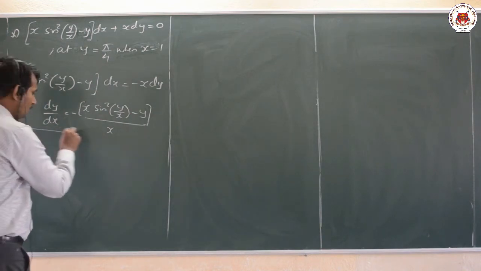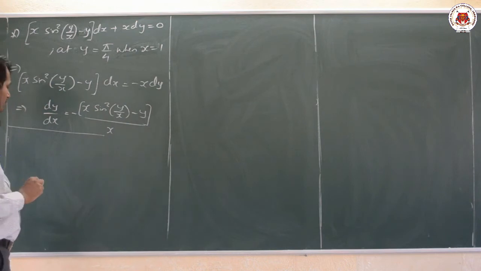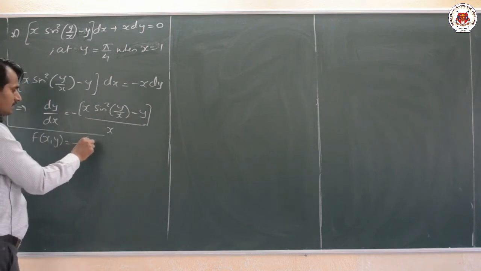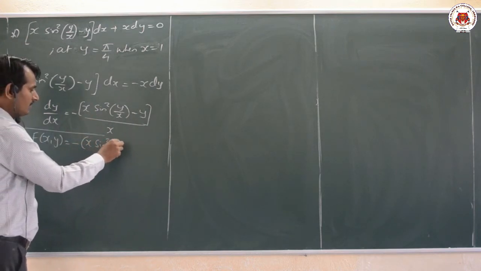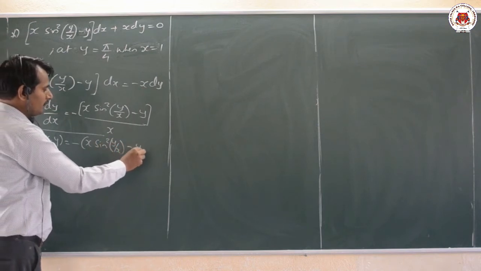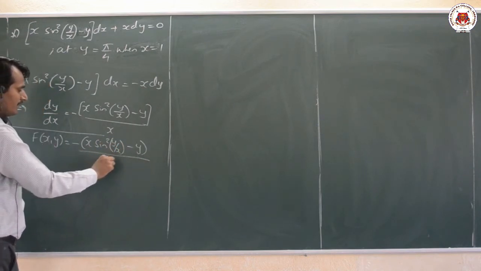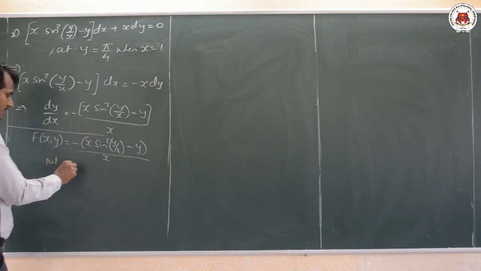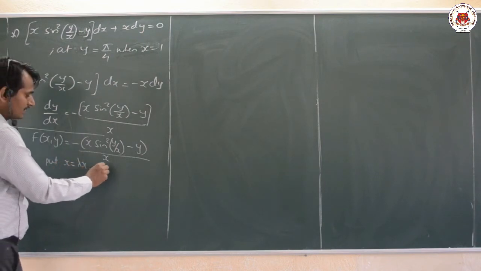So we will check for the homogeneous condition here. Let us take f of x comma y equal to the whole quotient, that is minus of x into sine square of y by x minus y, whole divided by x. Now here put x equal to lambda x and y equal to lambda y.